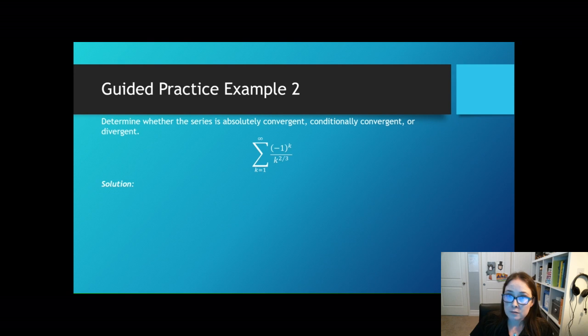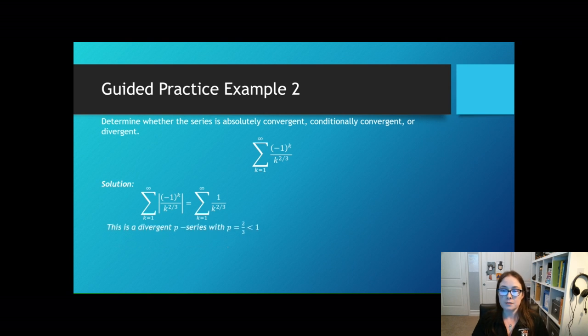Okay, so we're going to start out by taking the absolute value of the series. Really all that does is drop off that alternating piece at the top, and I just get 1 over k to the 2/3. And so this is a p series. And p is 2/3, which is less than 1, which means the series is divergent. Okay, so darn it, it's not absolutely convergent.